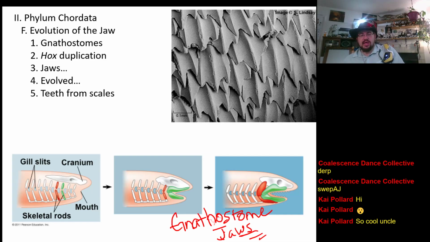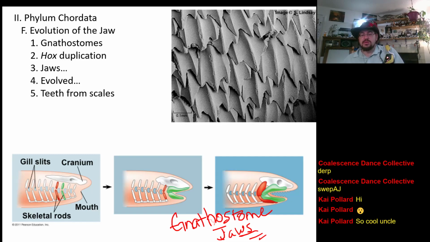So, jaws are kind of fascinating. There was likely a duplication of a Hox gene that led to the evolution of the jaws. So you had a Hox gene. Remember, the Hox genes are these genes involved with directing what cells go where. The Hox genes direct what cells become a head, what cells become the mid-body, what cells become limbs.